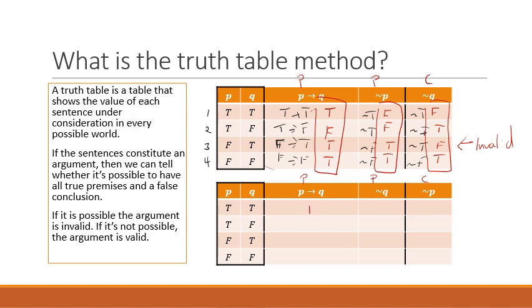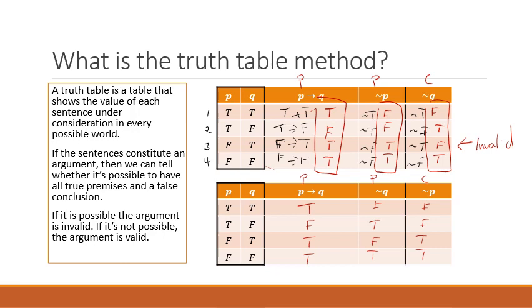So the table will still be the same for the most part. So this sentence will have these values. Again, over here on the left, that hasn't changed any. But not Q has moved over here. So false, true is over here now. And not P is now the conclusion. So false, false, true, true.